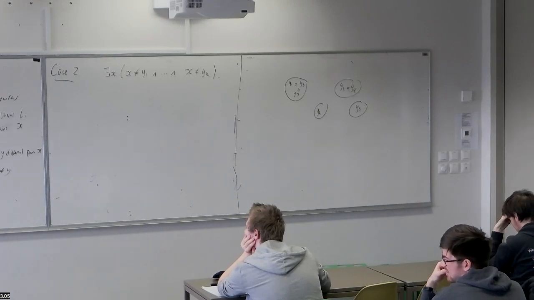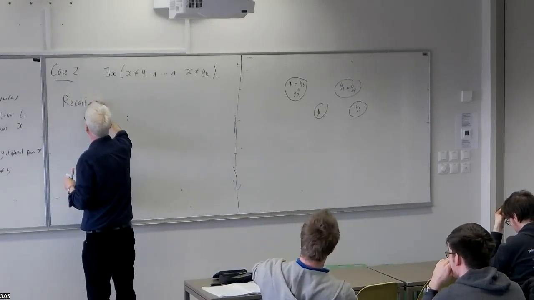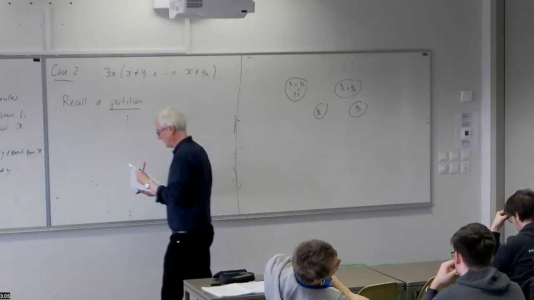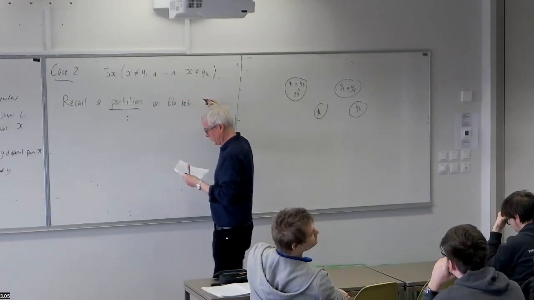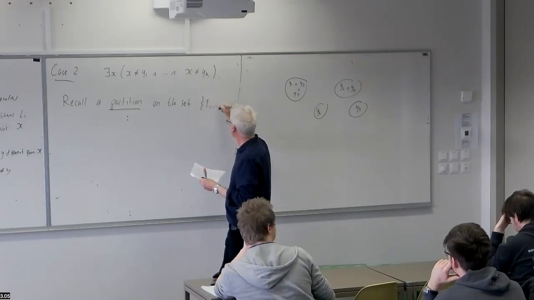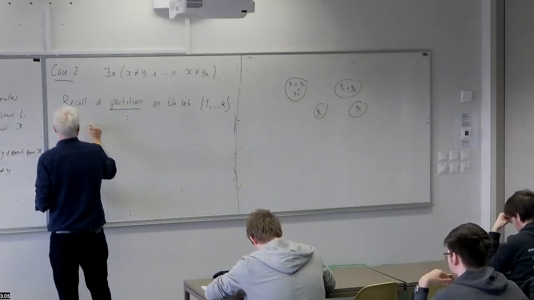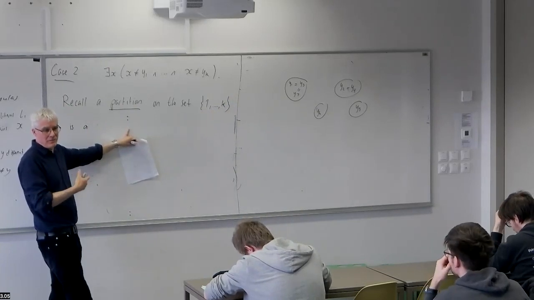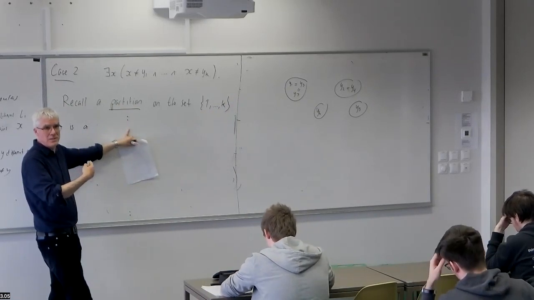I'll just remind you. Recall a partition. A partition on the set 1 to k is a family of subsets of 1 to k that covers the set 1 to k and such that every set in the family is disjoint from each other.